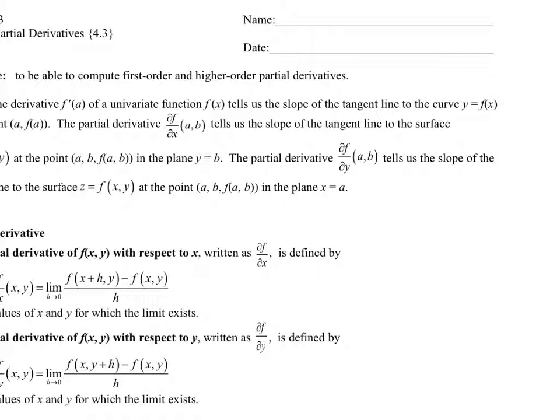So what we do here is we treat one variable as just that, a variable, and the other variable we treat as a constant, right? And then take the derivative the way you normally would. Except instead of looking at something like yx as a product rule situation with implicit differentiation, now it's just going to be the derivative of yx.